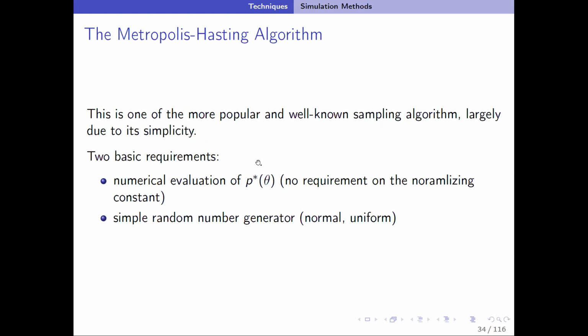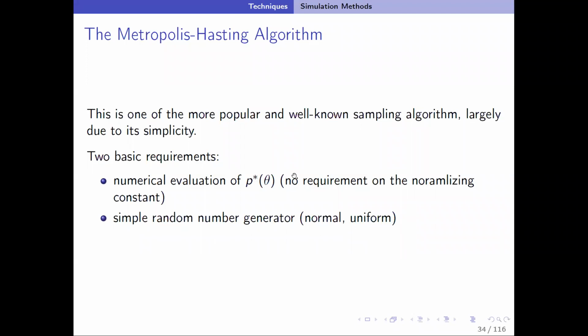One is a numerical evaluation of the target distribution, and you don't have a requirement on a normalizing constant. And the second thing is a simple random number generator, like a normal or a uniform or whatnot. So if you get these two pieces, you are guaranteed to be able to sample from any arbitrary distribution.